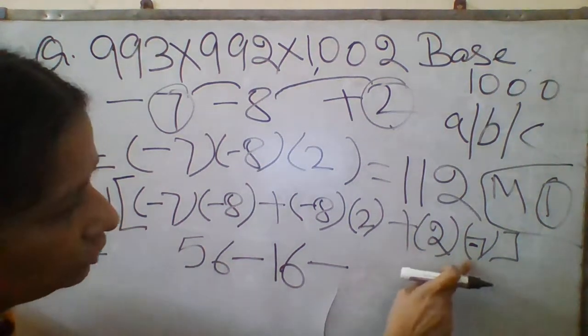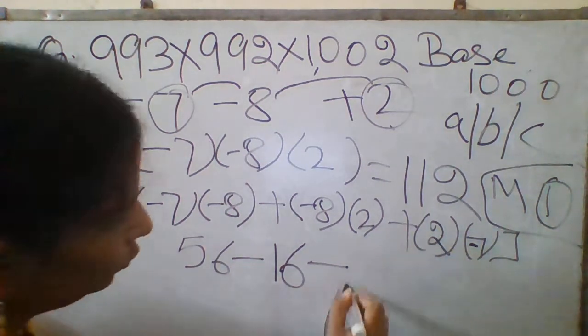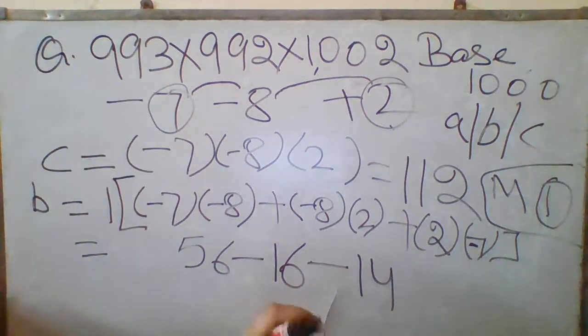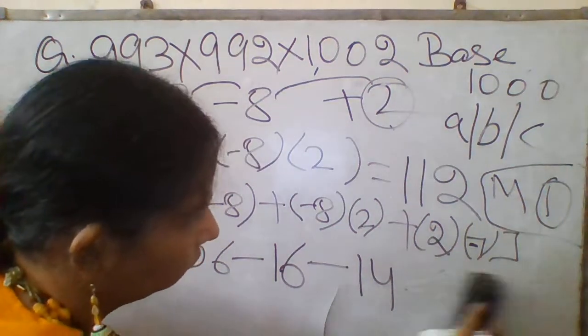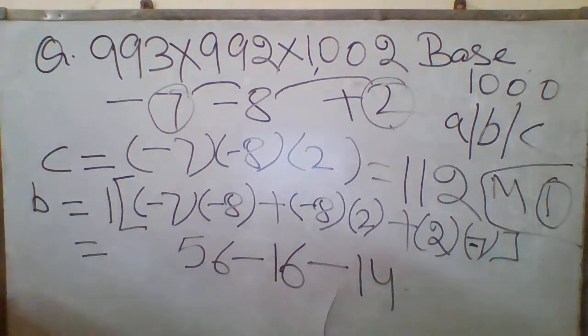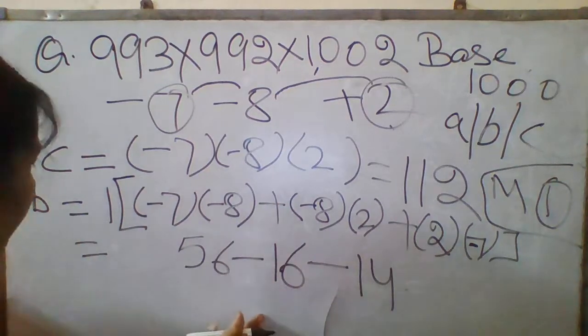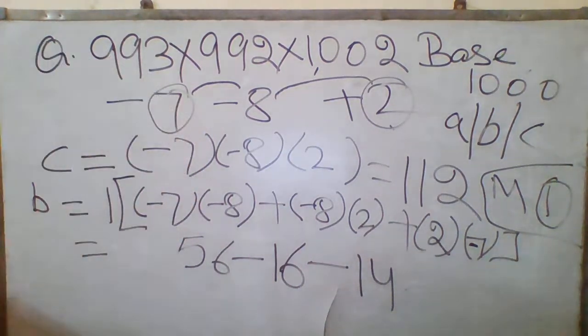Plus into minus will be minus. So 2 7s are 14. So you got the value of B also here.